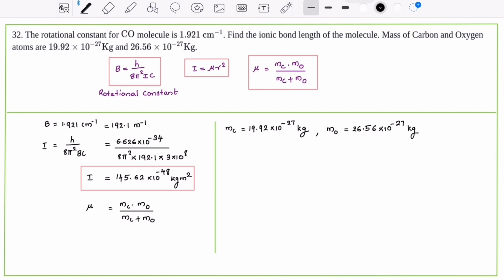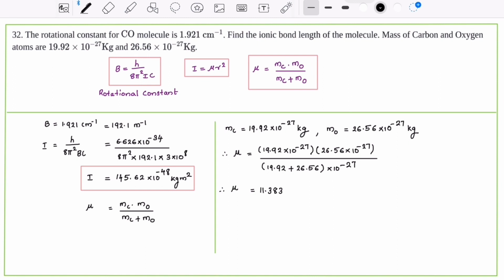Now the reduced mass mu is equal to 19.92 into 10 raised to minus 27 into 26.56 into 10 raised to minus 27 divided by 19.92 plus 26.56 into 10 raised to minus 27, and this is equal to 11.383 into 10 raised to minus 27 kilogram.